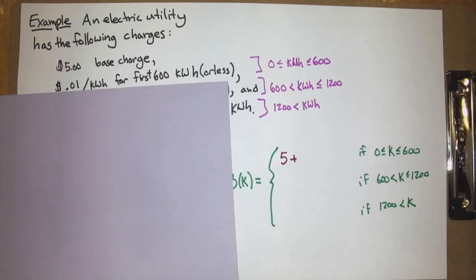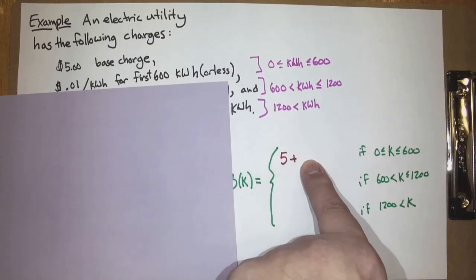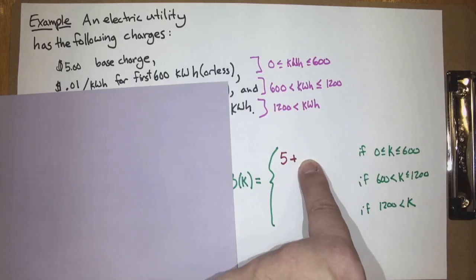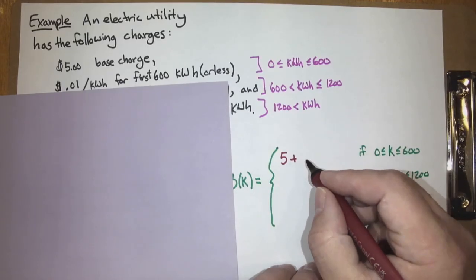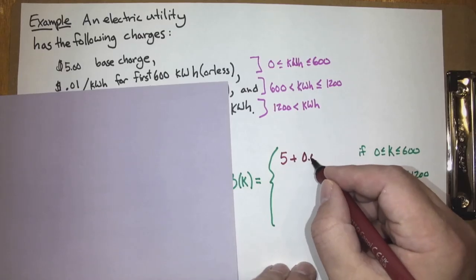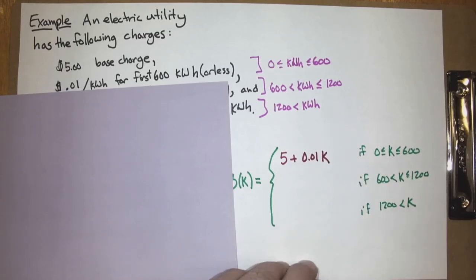Next up, there's the varying part, the 1 cent per kilowatt hour. And so that depends on how many kilowatt hours we use. What comes here? 0.01 K. So 5 plus 0.01 K. That's our bill if we're below 600.